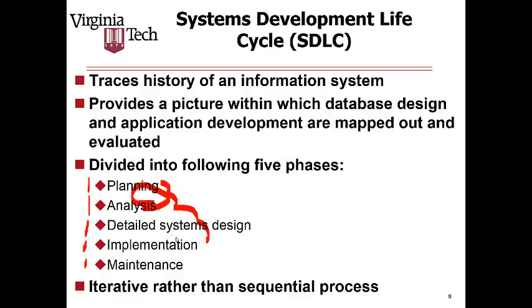Like you do some analysis and then you realize you might need some more planning. What you try not to do is be down here in the implementation phase and have to go back up to the analysis phase too often. That's less than ideal. And it's just a way of thinking about the process of developing an information system.